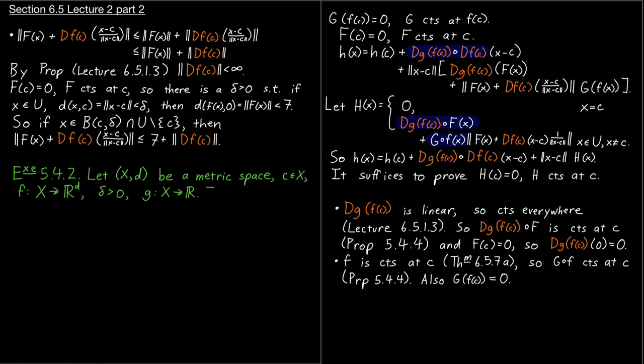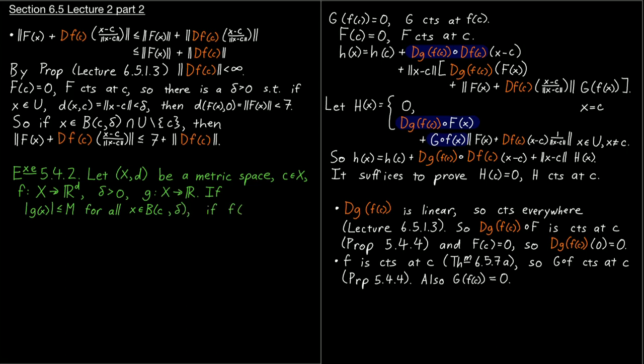And then if we have that G of X is less than or equal to M for all X in the ball centered at C of radius delta.